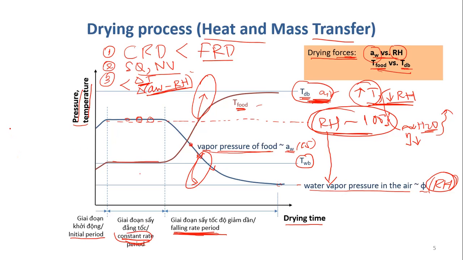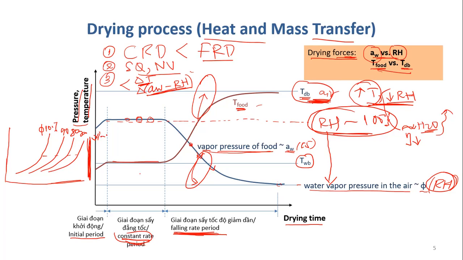We already discussed in chapter 6 of the Vietnamese course, so we know that this curve represents the relative humidity of the air. So relative humidity here 100%, for example, 90%, 80%, 70%. While on the vertical axis, this one represents the absolute humidity of the air.